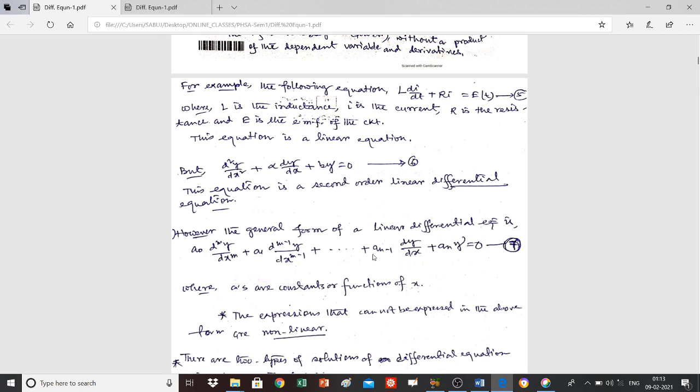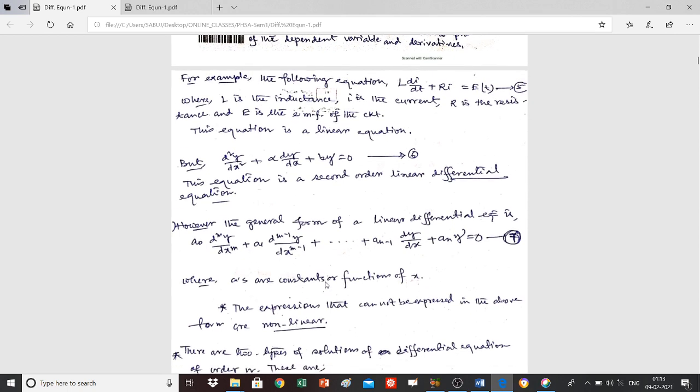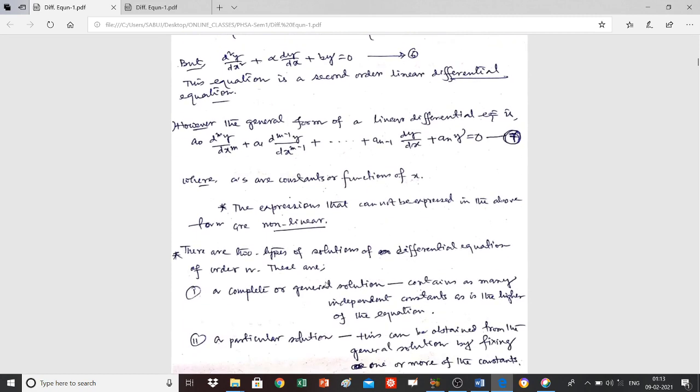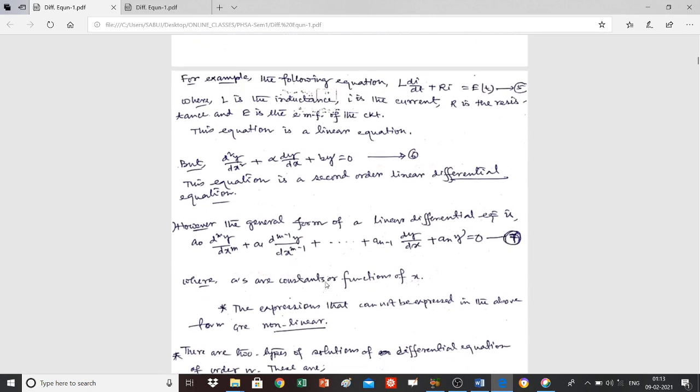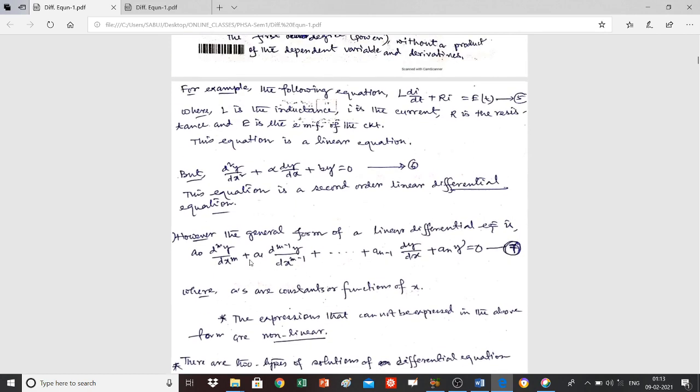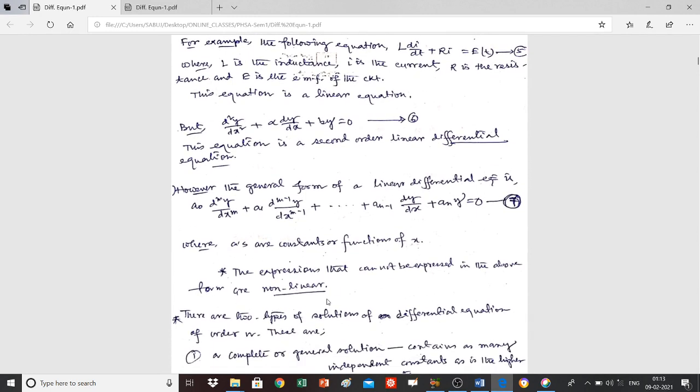So it is a linear equation, and all the a's, a0, a1, are constants or functions of x. And all those expressions that cannot be expressed in this form are called non-linear equations.